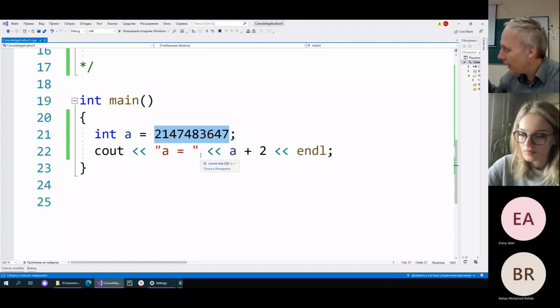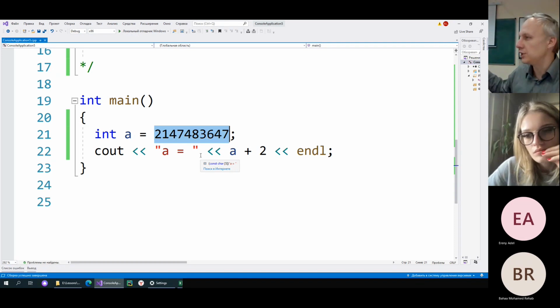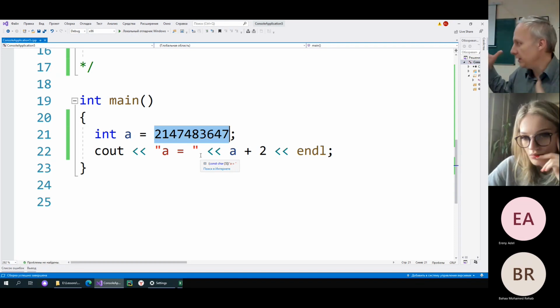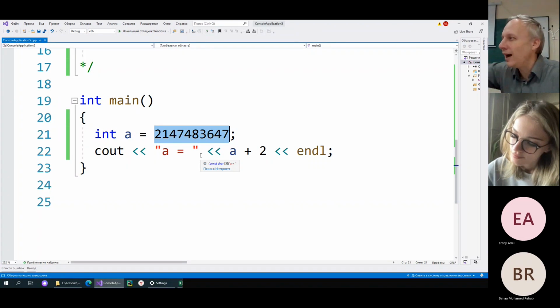If I add at least one, we go outside of the range and the result will be unpredictable. We even can get a negative number. So a very, very large positive number plus another positive number, and the result is negative, because we go out of the range of representation.